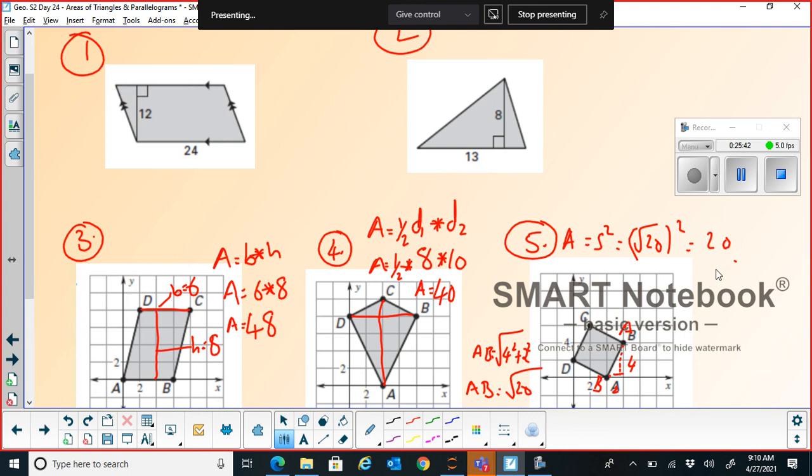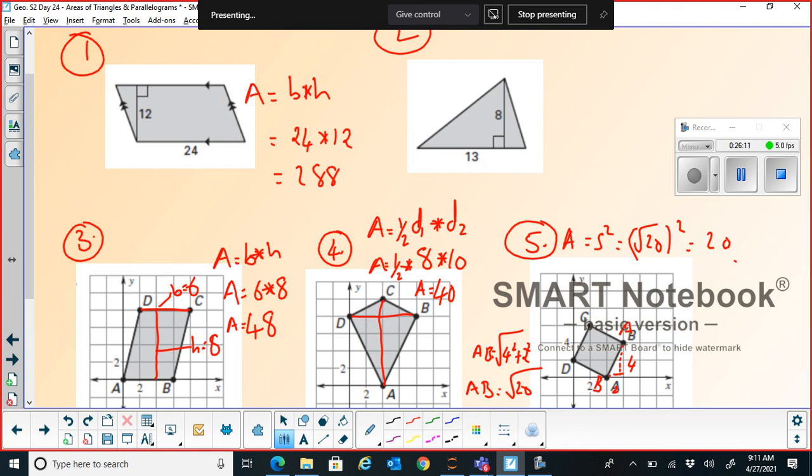Okay. Let me check the answer for these two and we will go over solution for them as well. This is once again a parallelogram. Area equals base times height. Here the base is 24 and the height is 12. So I get 24 times 12, which is nothing but 288 square units.